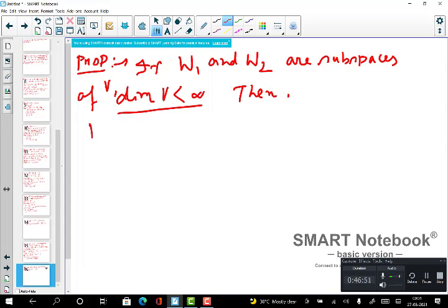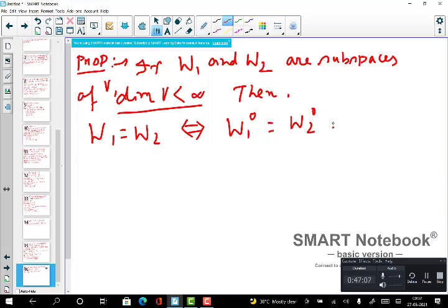What is that? Then W1 equal to W2 if and only if their annihilators are the same. So the annihilator of W1 equals the annihilator of W2.